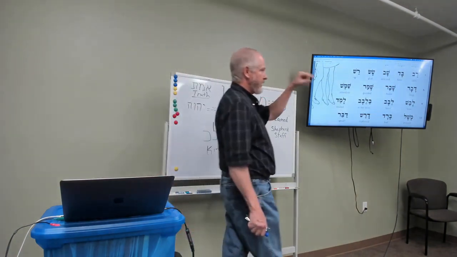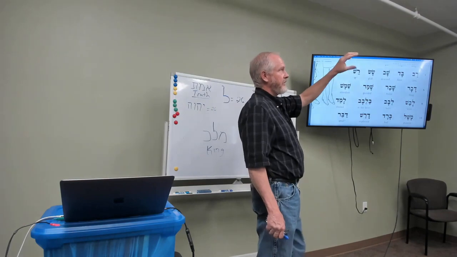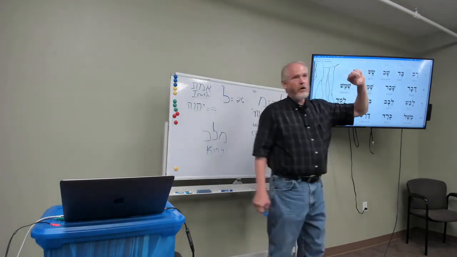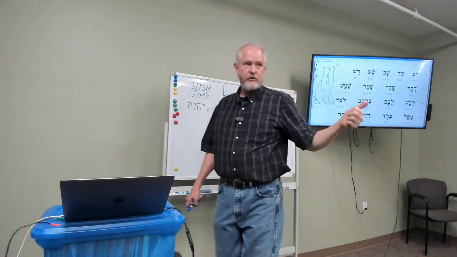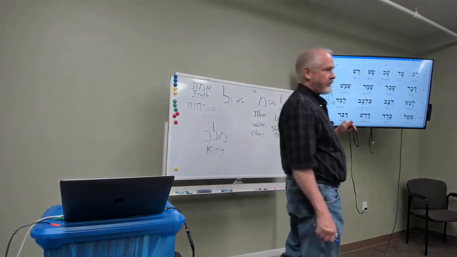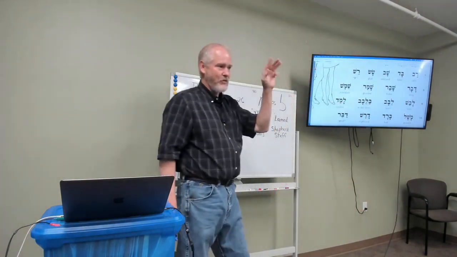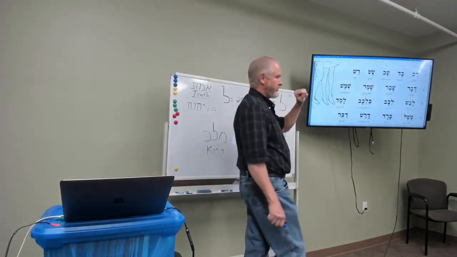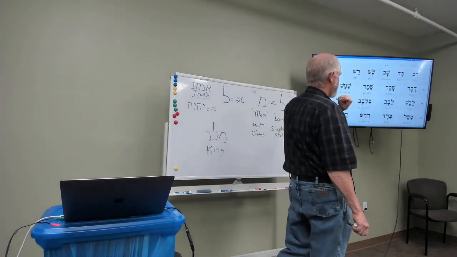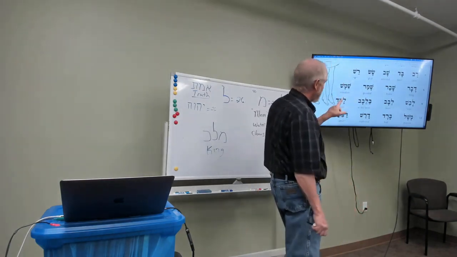Mem. Ma'im is mem, yud, mem, ma'im. So water is 2 parts hydrogen, 1 part oxygen, right? And it shows up within the word. It actually shows up that way. But yeah, they teach on some of this. It just is so amazing.